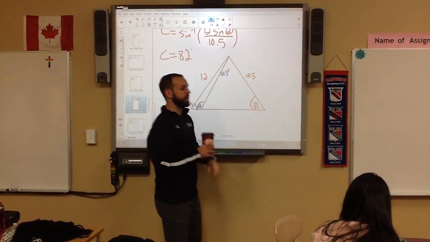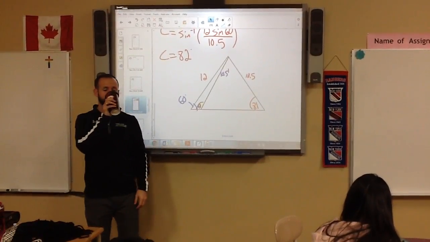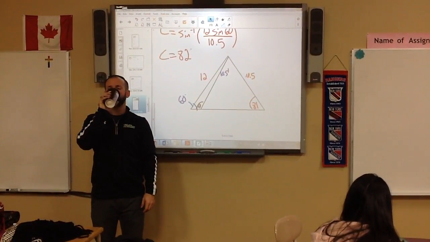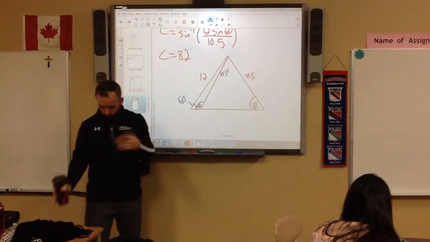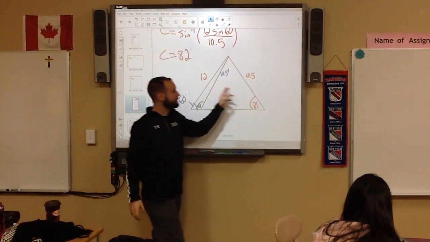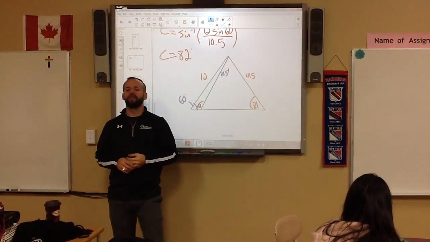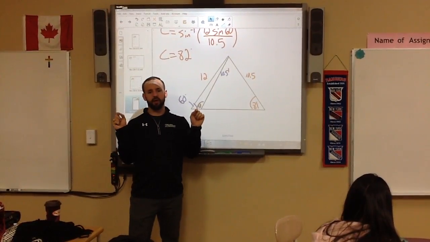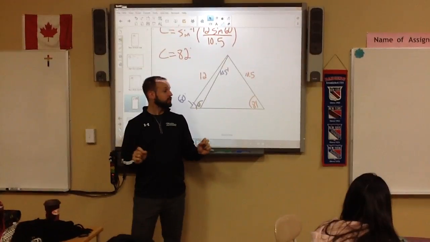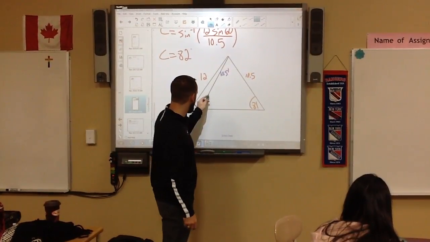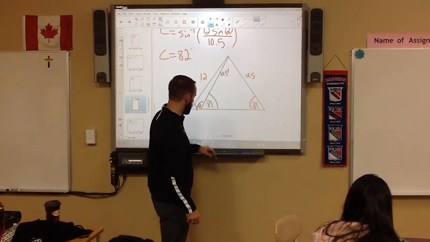I'll give you a hint, starts with an I. Isosceles. Why is it an isosceles triangle? The two sides are the same. This is 10.5, and this is 10.5. What do we know about an isosceles triangle if they have two sides that are the same? What's happening with their angles? The two angles are the same. So this angle here has to be 81.